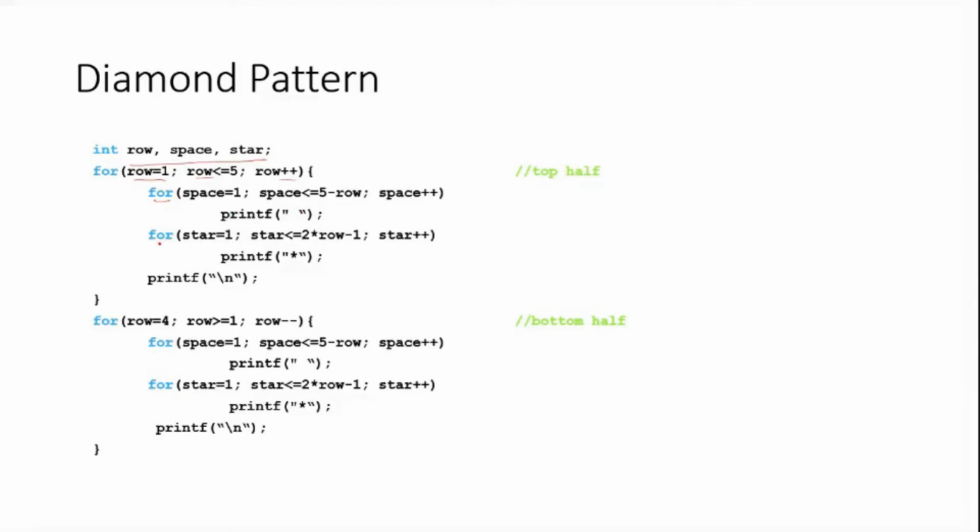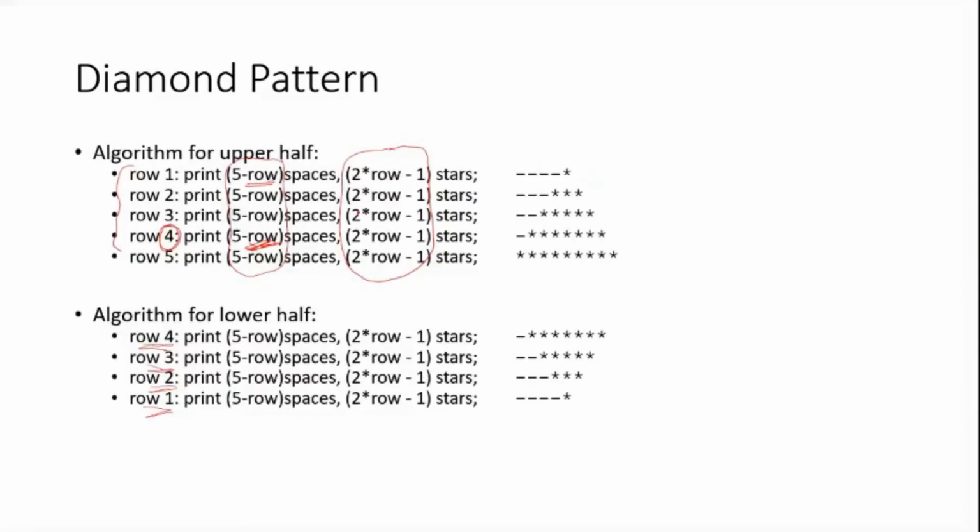Once that for loop is completed, it has to go to the next for loop, that is, it has to print the stars. So for star equal to 1, star less than or equal to 2 into row minus 1. Here the number of stars is 2 times row minus 1.